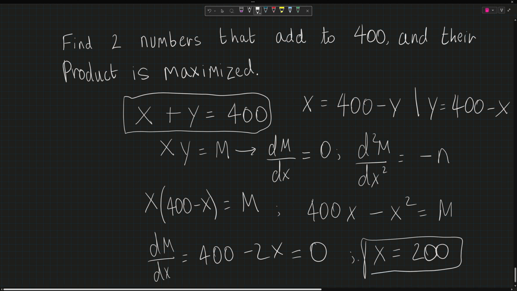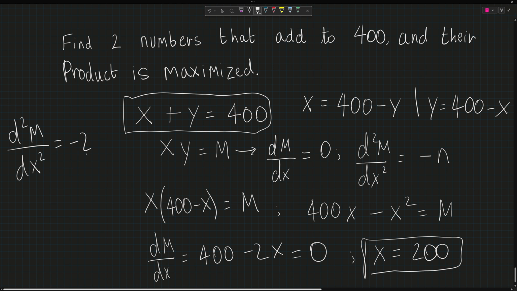That's literally our answer. But I skipped a step here. I did not confirm if this minimizes or maximizes the product. So to do that, we have to take the second derivative. When I take the second derivative of 400 minus 2x, that's going to become -2.